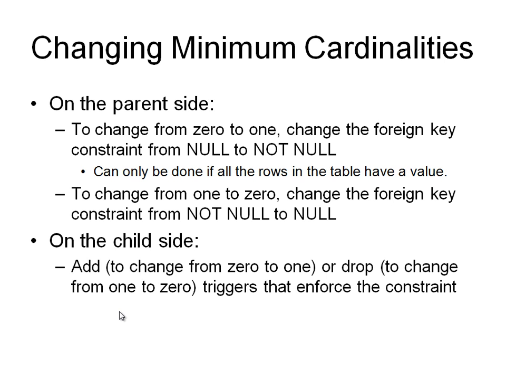To change from 1 to 0, change the foreign key constraint from not null to null. On the child side, all you need to do is add a trigger to change from 0 to 1, or drop it to change from 1 to 0, which triggers enforce the constraint.